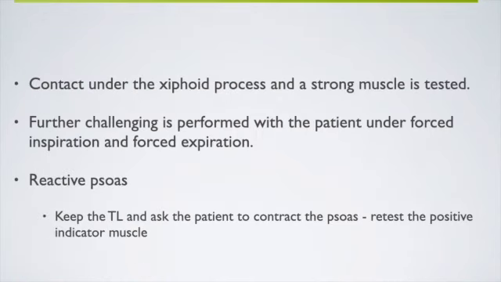Diaphragm therapy localization is very effective. The typical place that we therapy localize is just under the xiphoid process. Now, one way we can do that is to have the patient breathe in and out. You start with a strong indicator muscle and have the patient breathe in and out, and they may or may not weaken. If they weaken, then you can suspect, of course, without even TLing, you can suspect diaphragm, you can suspect cranials.